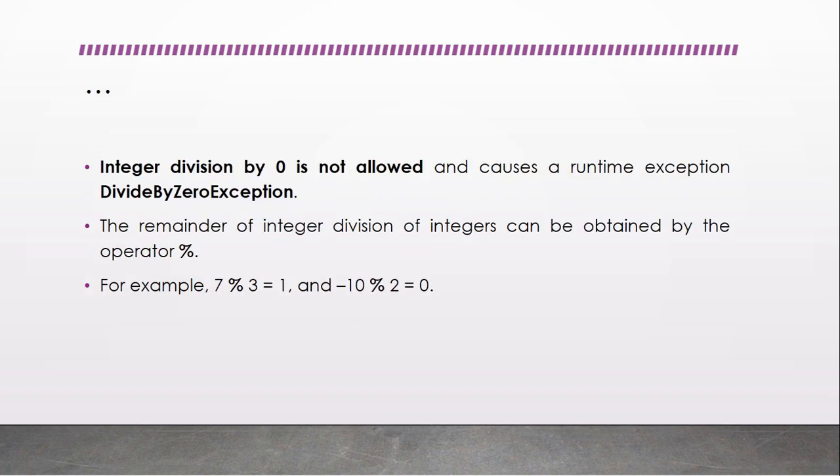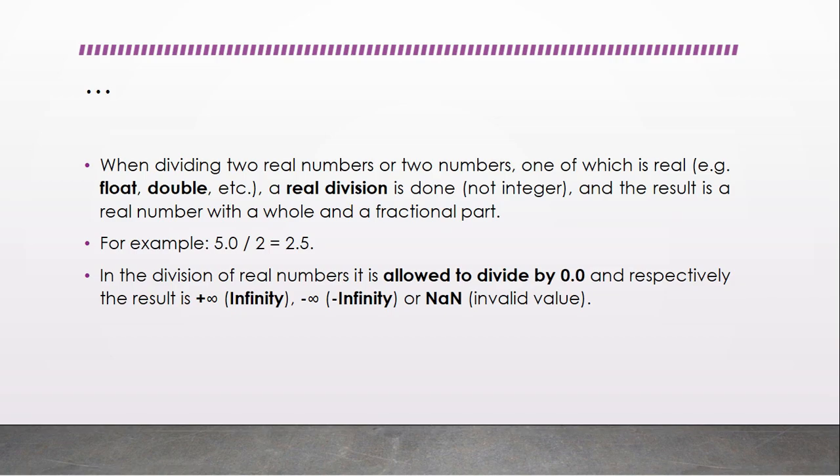So integer division by 0 is not allowed. It throws a runtime exception, which is the divide by zero exception. But in real division, it is possible to divide by 0. The result can be infinity, finite, or an invalid value.